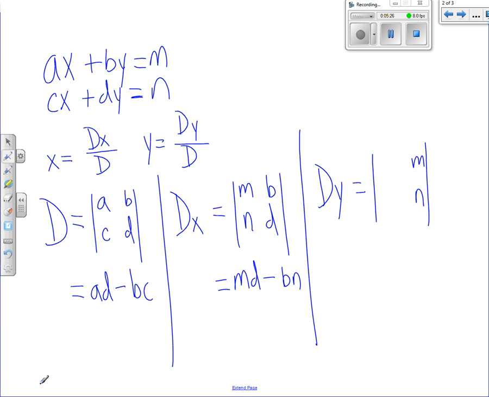We're looking for y, but we don't care about the coefficients on y for the determinant of y. It's really weird. The first column of your Dy is going to be the coefficients on your x. And to compute this determinant, it's the same type of deal. We go upper left times lower right, A times N, minus upper right times lower left, M C.